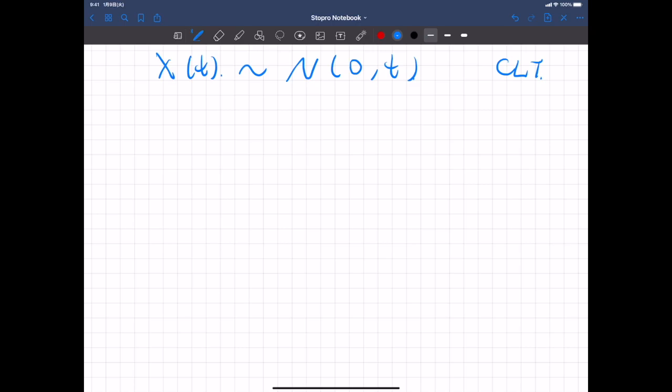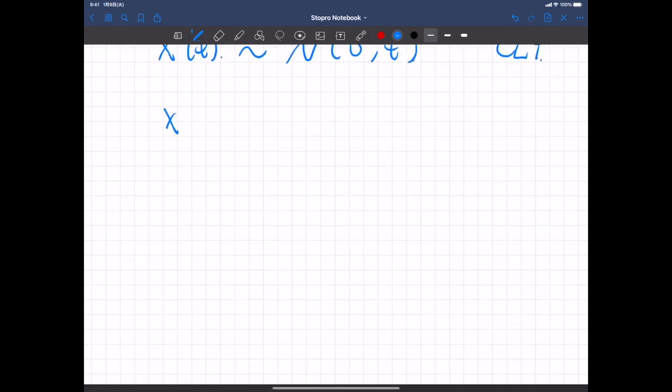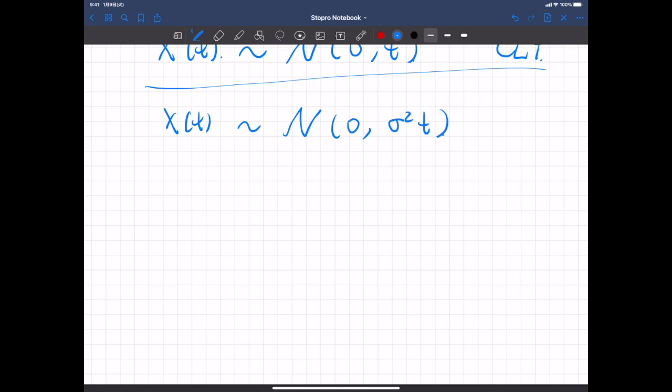First of all, let's say x of t is a Brownian motion with no drift, so this follows the normal distribution with zero mean and sigma squared t as the variance. And sigma squared is a constant.